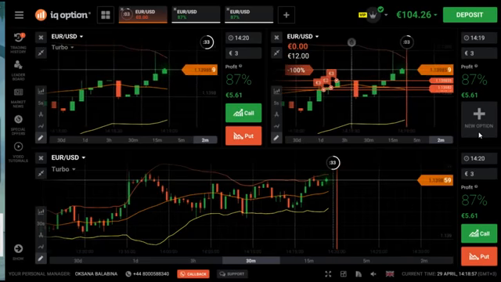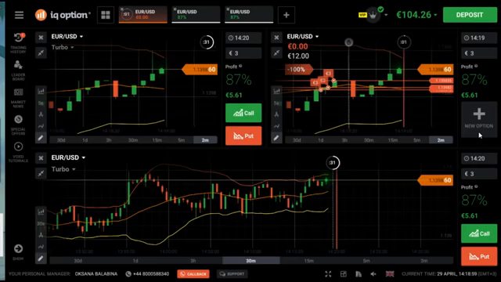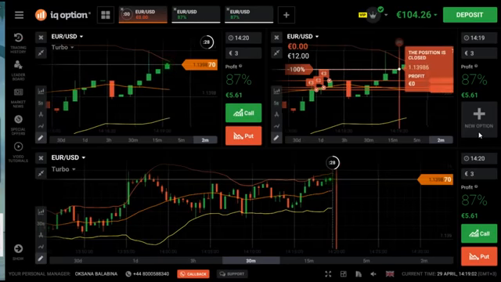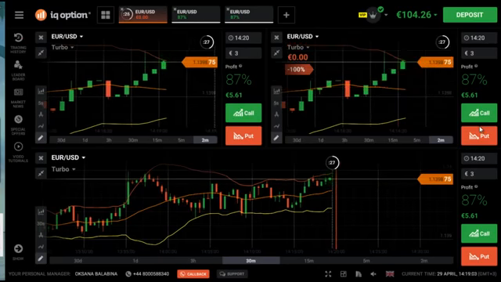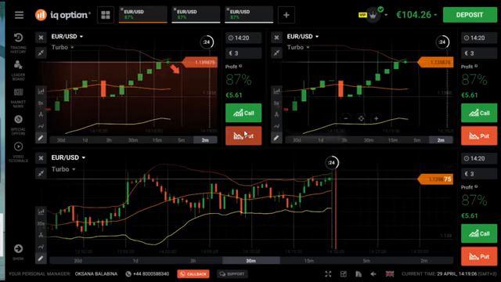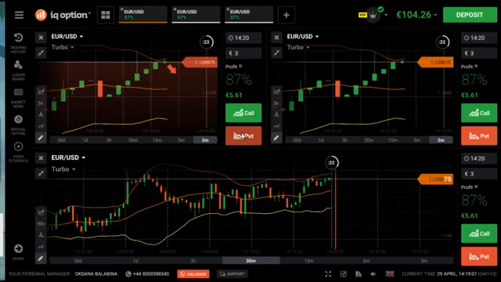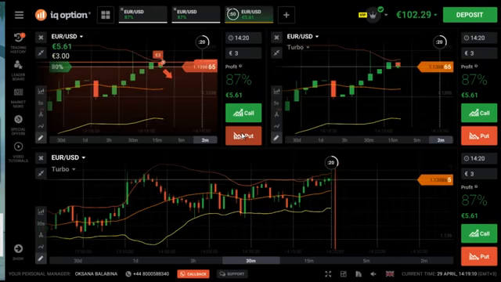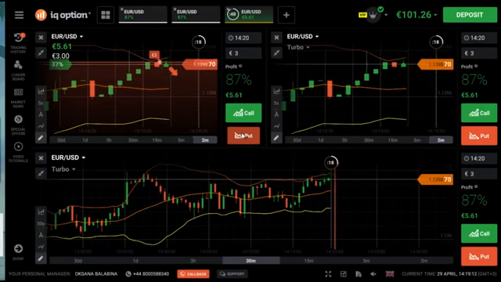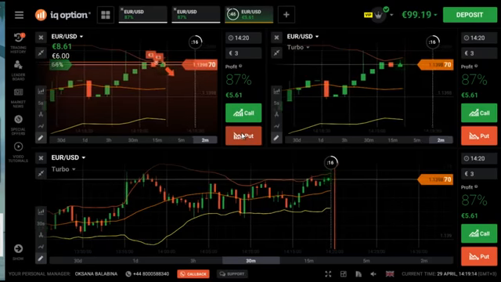So I'm using the reversal with this kind of chart. Okay, I lost on the second window. Try it again on the first window.